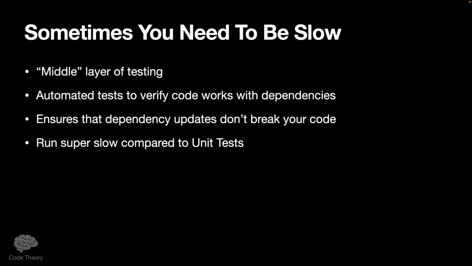Integration tests are usually run after you submit to the repository, but before the code gets deployed to production, right? And so it's okay that they run super slow because they only run, I don't know, once a day, right? You have a nightly build maybe, that's really fast. CI/CD that does a new build every night is really fast. So, you know, it's slow compared to unit tests, but it can be fast compared to an entire build process, which can take hours sometimes.